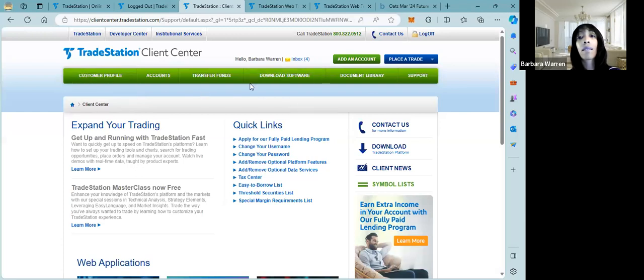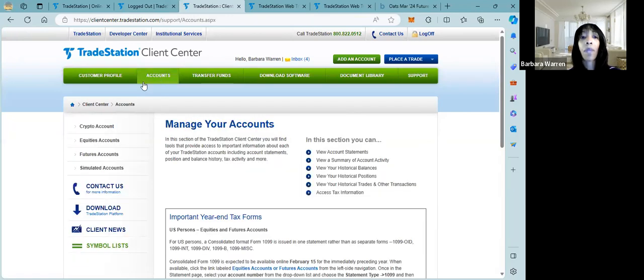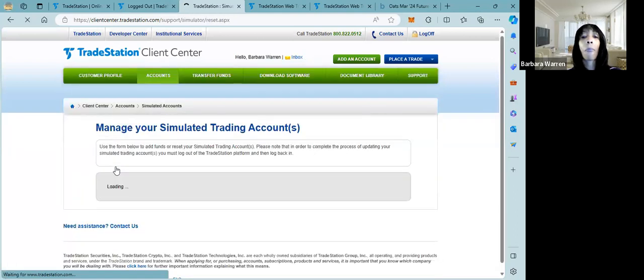And this is the foundation of TradeStation, where you can deposit your funds, where you can transfer. But where we're going to go is called Accounts. So I'm going to click on Accounts, and it lists all the accounts that you have in TradeStation, including your simulated account, which is your paper trading, your demo account. So I'm going to click there.